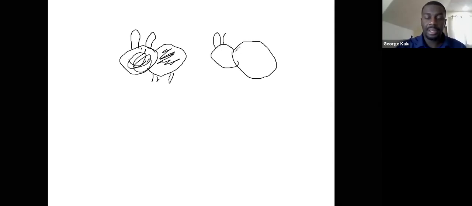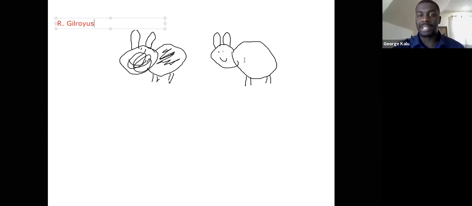So here are our rabbits. We'll call this species of rabbit Rabitus gilroyus, just a made up species of rabbits here. Let's say we have black rabbits and we have white rabbits in our population.